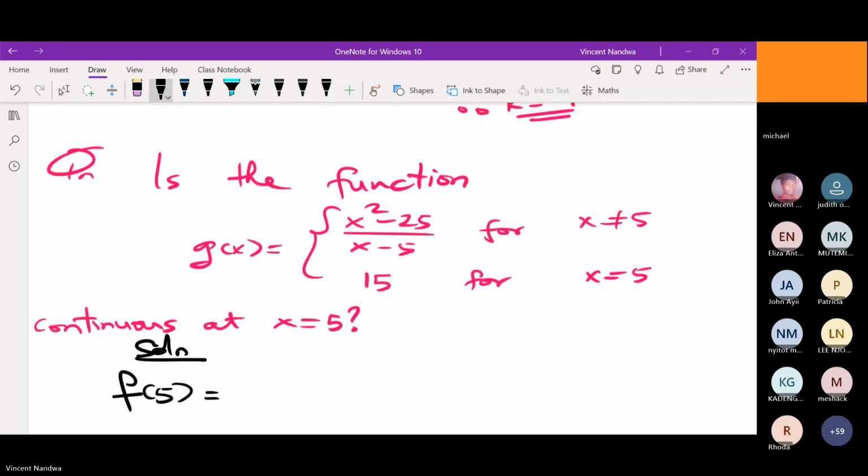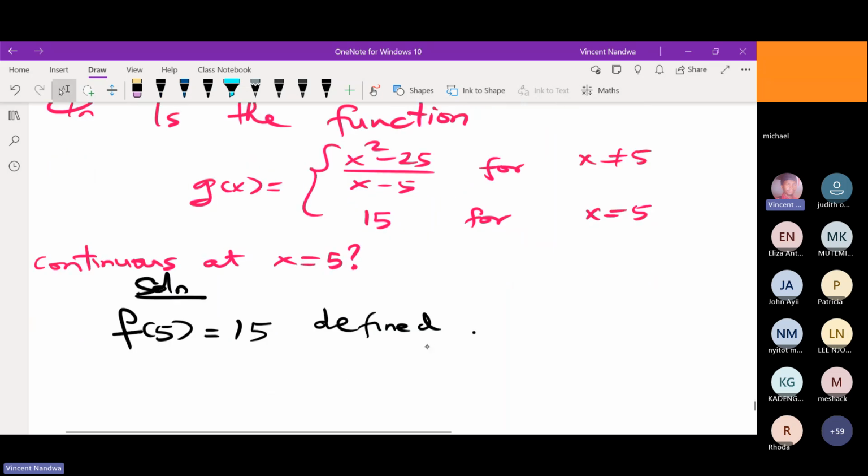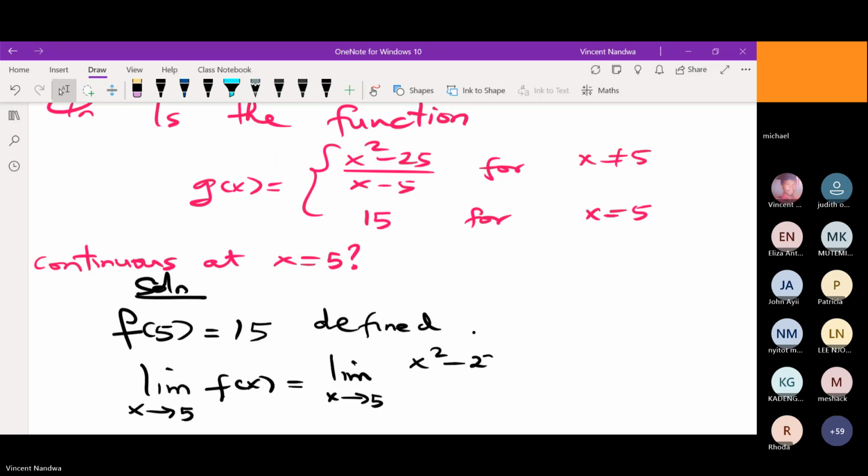15. So this is defined. So that first property is okay. And then let's get the limit as x approaches 5 of f of x, which is the same as the limit as x approaches 5 of x squared minus 25 over x minus 5.